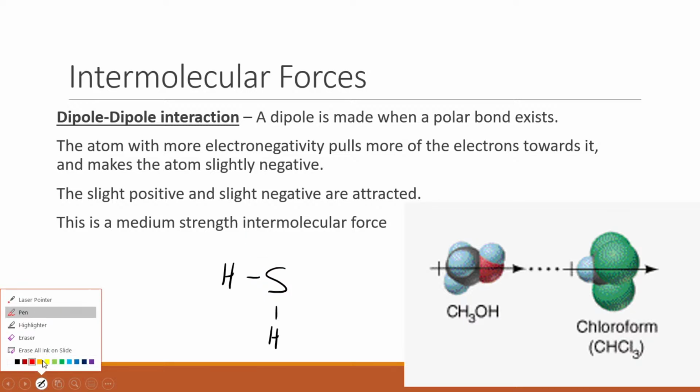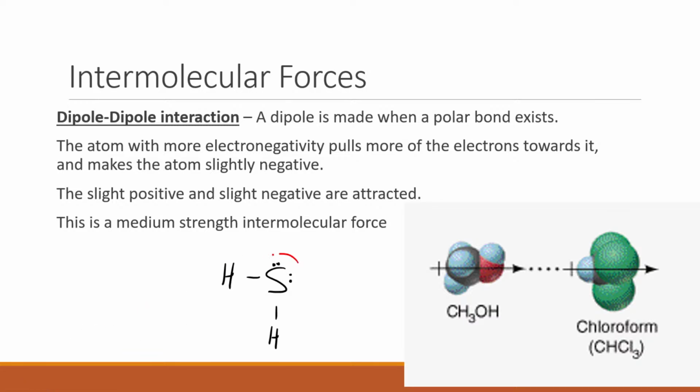It leads to electrons being bunched up around this sulfur. The sulfur is better at pulling. It shares unevenly with these hydrogens. It has a bigger percentage of the electrons closer to it. And that makes it sort of negative. It has pulled those electrons closer to it.